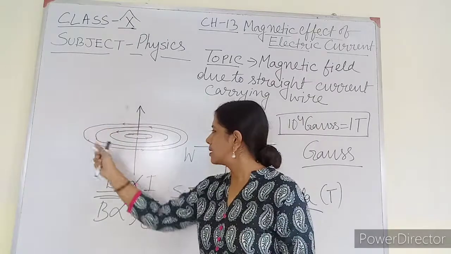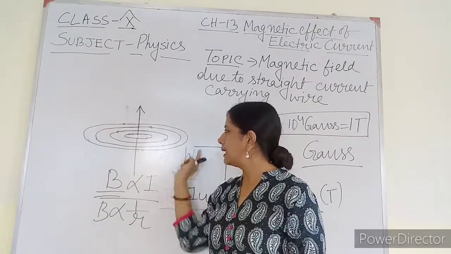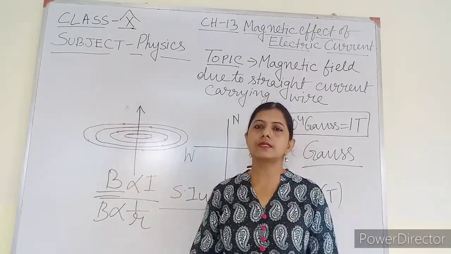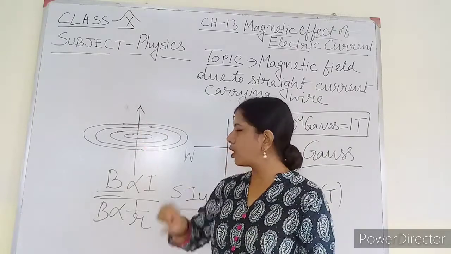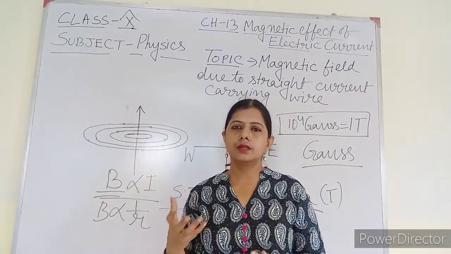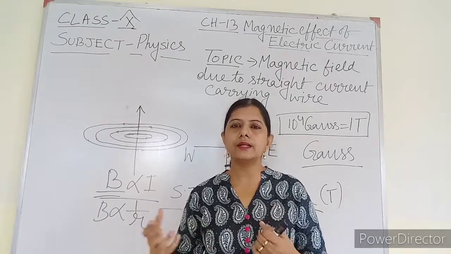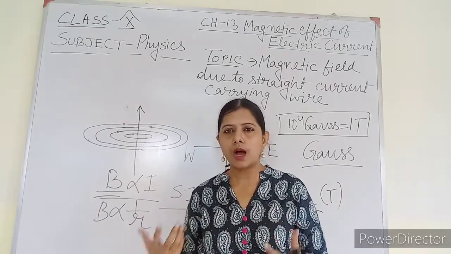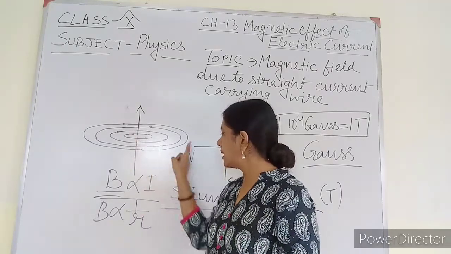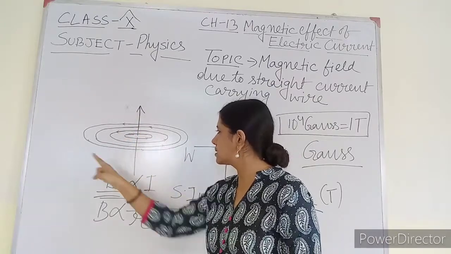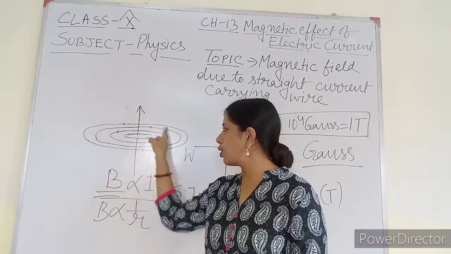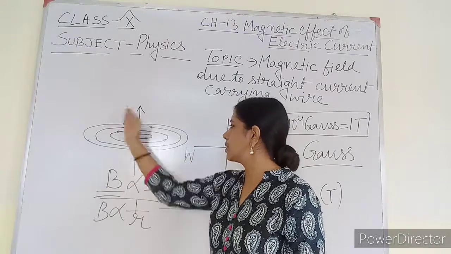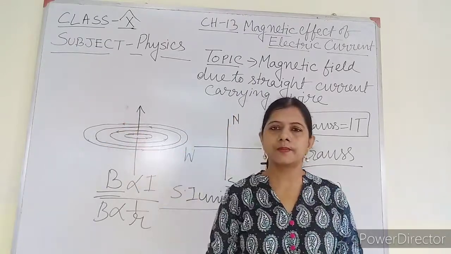So what is this? This is my anti-clockwise direction. You have seen a clock. If I put a clock here, the direction in which the minute hand or hour hand will move, this is called clockwise direction, and this one is known as anti-clockwise direction.